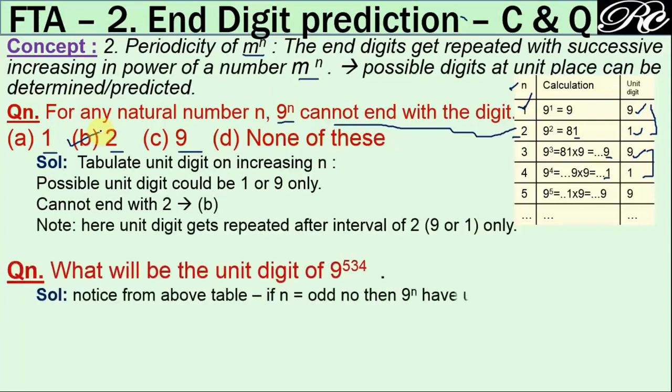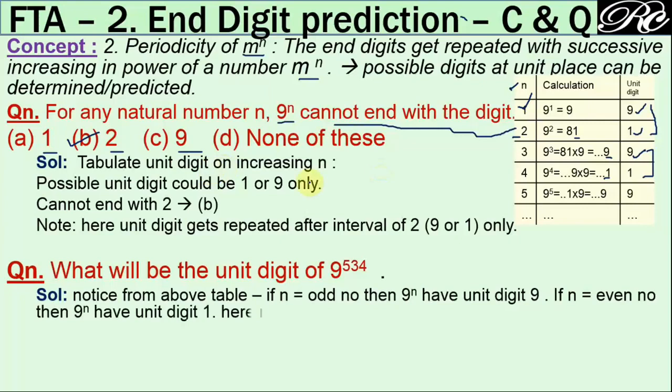Another one. So what will be the unit digit of 9 to the power 534? Here we shall focus on this exponent 534. See, this 534 is even, and for the even power from this table for possible values of n and unit digit, we are getting that for even exponent it is 1.